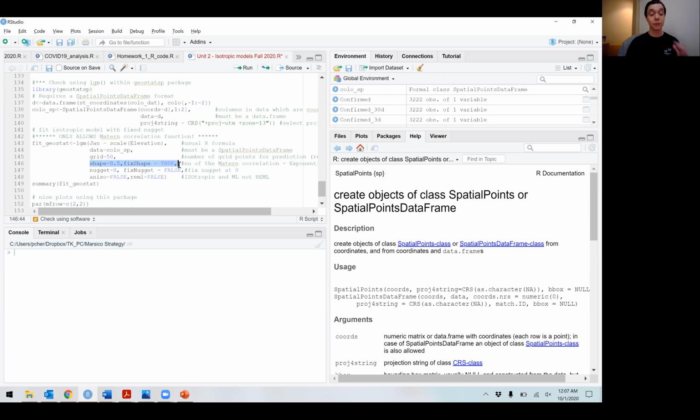This means that although technically I'm fitting a Matérn, mathematically it should match up with fitting an exponential. As before, I'm starting my nugget effect at 0. I am not fixing it. In the prior set of notes, I was. I'm not estimating anything anisotropy related, and I'm using maximum likelihood, not restricted maximum likelihood. All right, let's fit this.